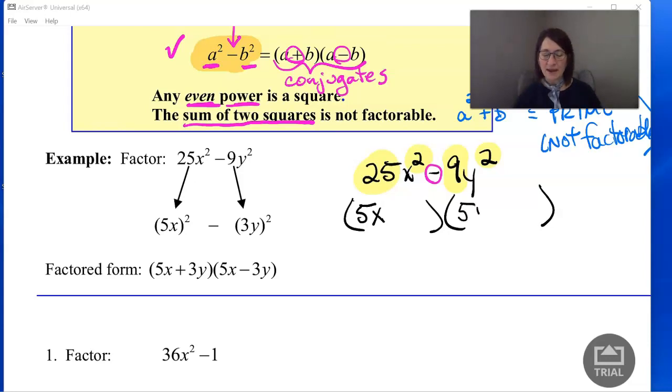And I put that as the first term in both of my binomials. Then I go to the 9y squared. The square root of 9 is 3, and the square root of y squared is y. So I put that in both of these. One of them is addition, one of them is subtraction. I'm done. That is our factored form.